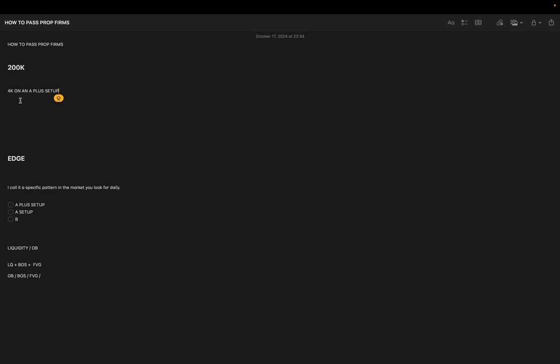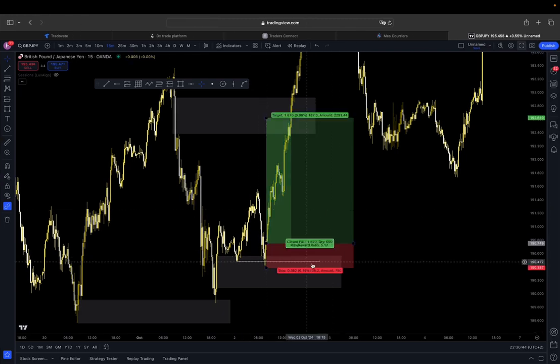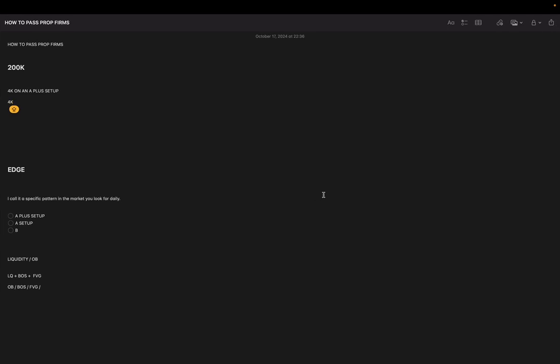Do you understand? Now, what if you lost this trade, 4k? Well, if you do, here's what you do. You lost this. Your next trade, you're risking 1%. Now, you won, you keep going 2% and you pass. You lost, you're reducing it down to 1%. That is 2 bands.